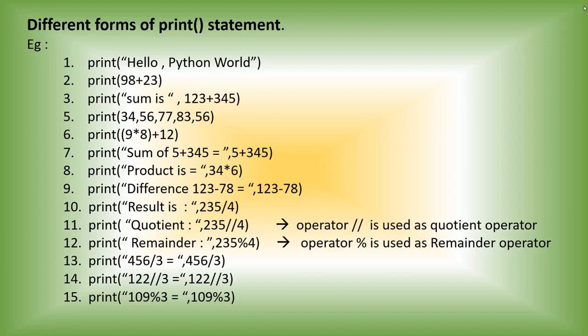When you copy this into your notebook, the output must be written on the right side of each print statement. Just draw an arrow and write the output.